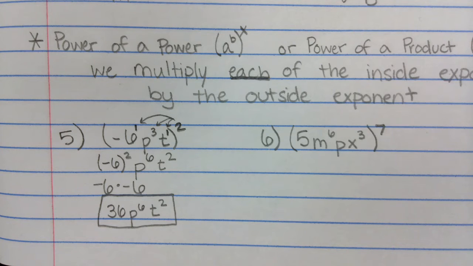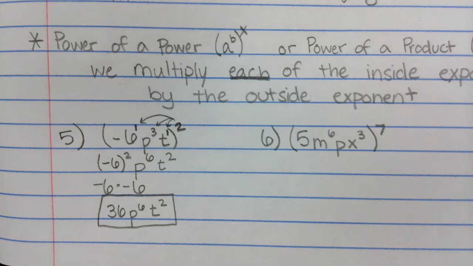So if you wanted to write it out, you could write out 5m to the 6th p x to the 3rd seven times. And then you could get that all out, and how many m's is really m to the 6th? 6, and how many x's is x to the 3rd?